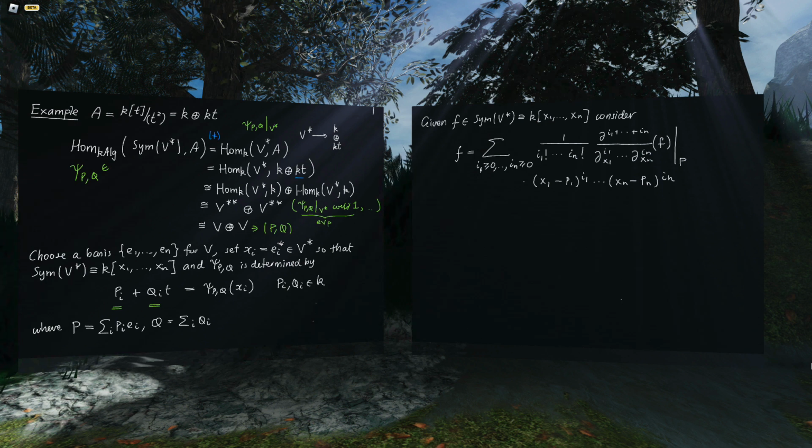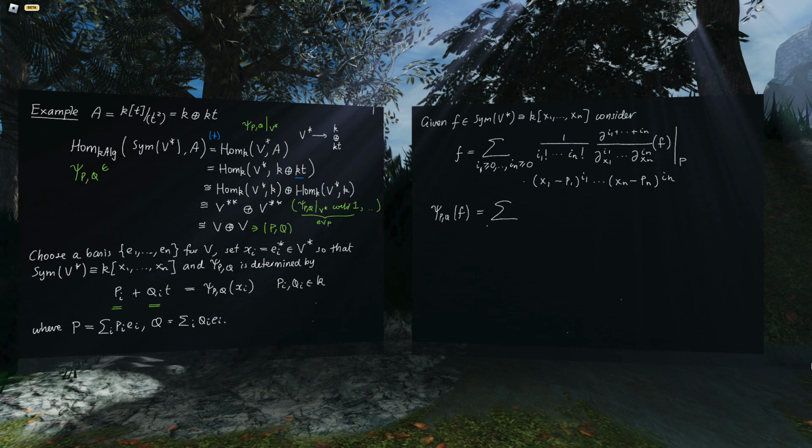So the thing I really want to argue for is, well, that's fine. We know what psi_PQ does to a generator. It gives us this expression. But what does it do to a general polynomial? And that's what I'm computing on the right-hand board here. Okay, so I take a Taylor series expansion of f, and then I apply psi_PQ to it.